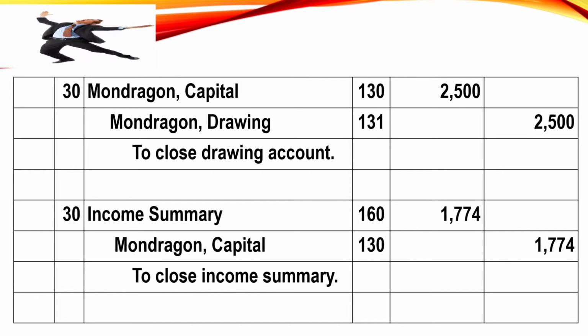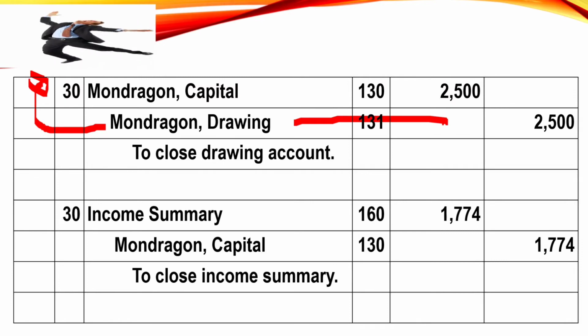So, no need na ta magamit og income summary, pero ato siyang i-impact ni Mondragon Capital or ang capital sa owner. So, instead of debit, kay di ba ang atong drawing before is debit. Yeah? So, atong bahaton, himo na to siyang credit. So, that will be 2,500. Then, ato siyang i-debit ni Mondragon Capital because directly maapektuhan man si capital. So, same na po no, 2,500 ang ato ang debit. That will be Mondragon Capital.